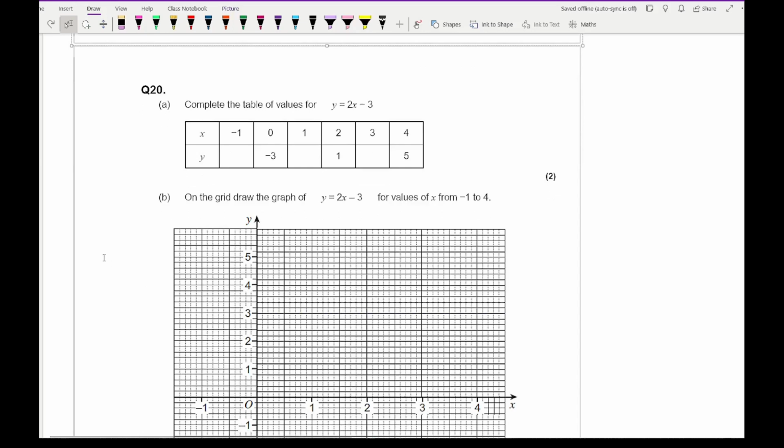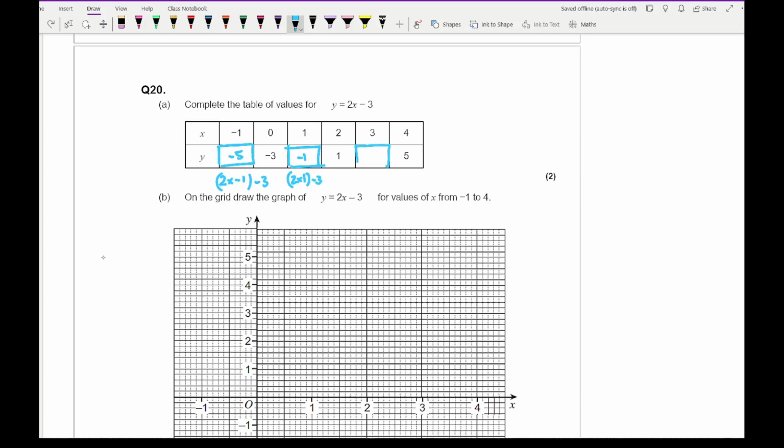Question 20 says complete the table of values. So here what we need to do is substitute our x numbers into this formula. For this number here, I'm going to do 2 times minus 1, which is minus 2, take away 3, which is minus 5. For this one here, it's going to be 2 times 1, which is 2, take away 3 is minus 1.